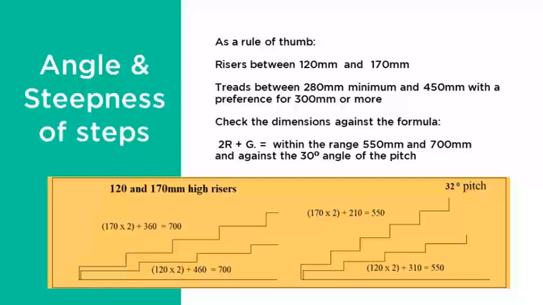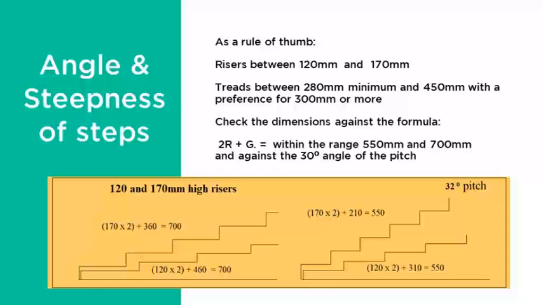My rules of thumb for maximum and minimum dimensions for treads and risers are shown on the screen. The range of dimensions to be used is 120 to 170 mm for risers and 280 to 450 mm for the going.